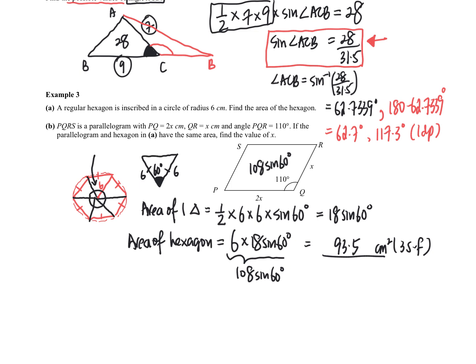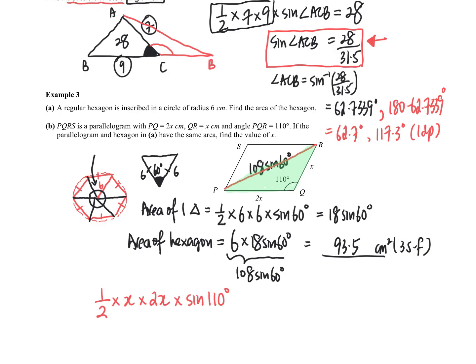Okay, divide this into 2 triangles, and then for half of it, you can use the area of triangle formula. So go and find half times x times 2x, the two adjacent sides, followed by sine of the 110. So this is for that green triangle.